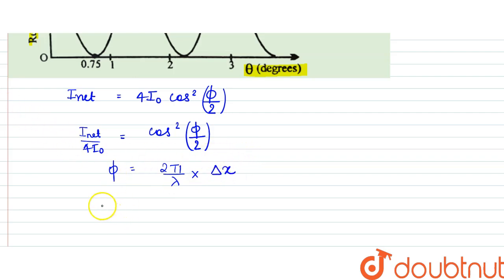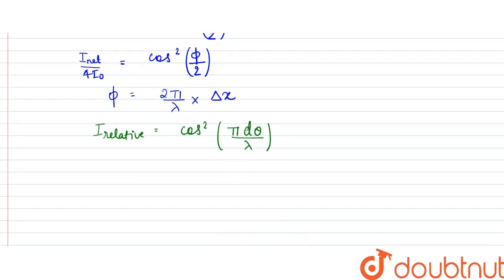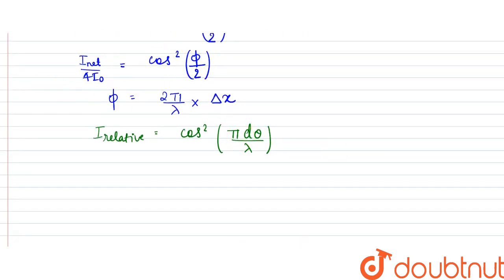Since I relative is equal to cos square pi d theta by lambda, so comparing these two equations, what we get is phi to be equal to 2 pi by lambda into d into theta. When theta is very small, we can write tan theta as theta.